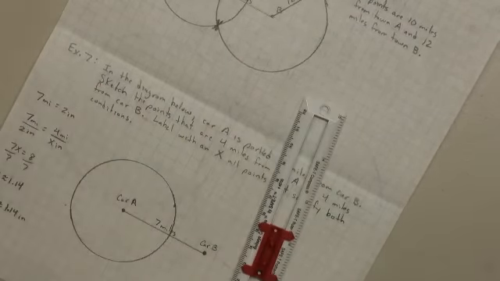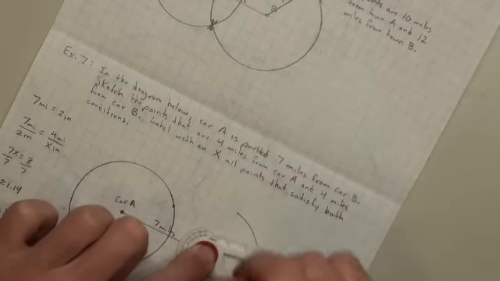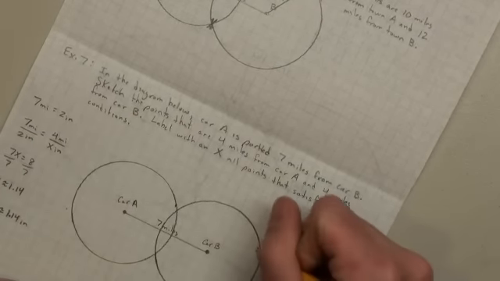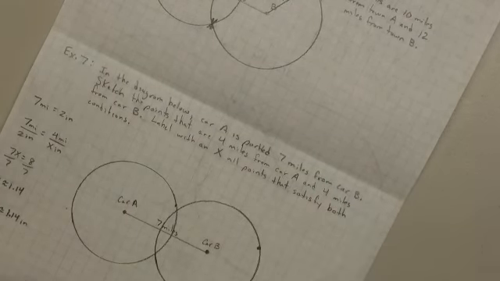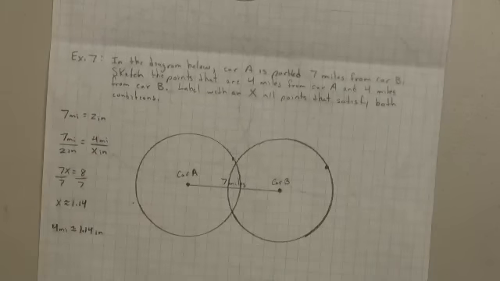There's my 4 mile radius around car A. And here's my 4 mile. See how I just fudged that a little bit? You can do that. Here's my 4 mile radius around car B.